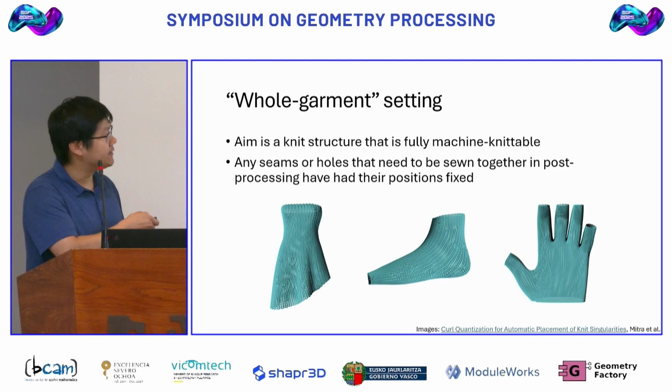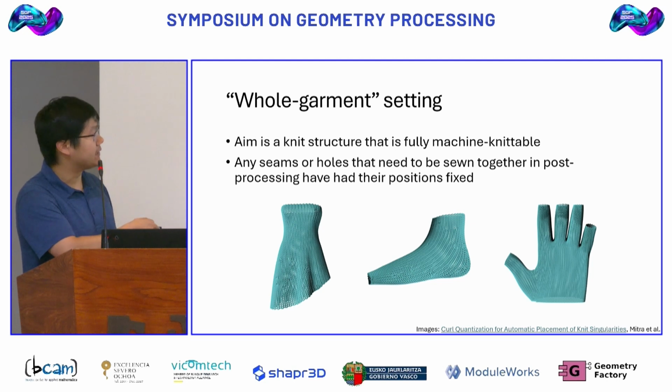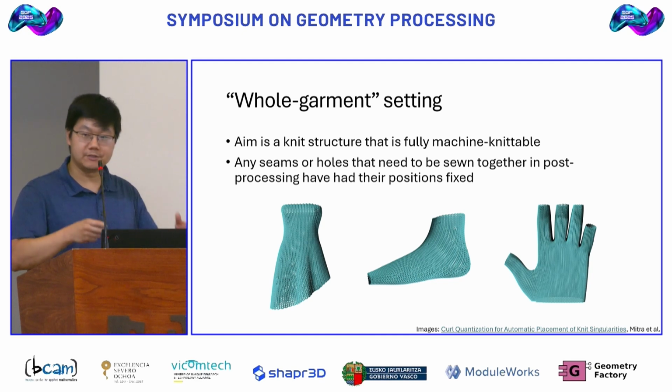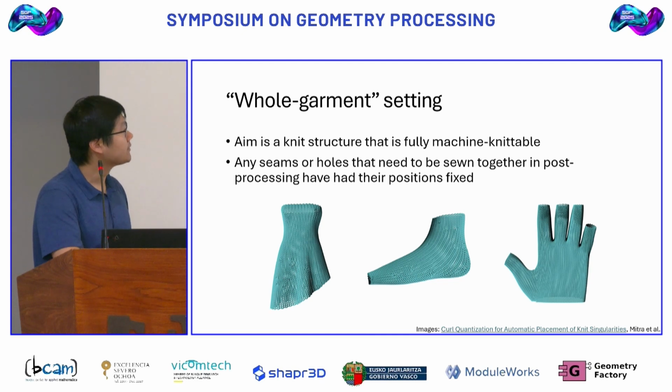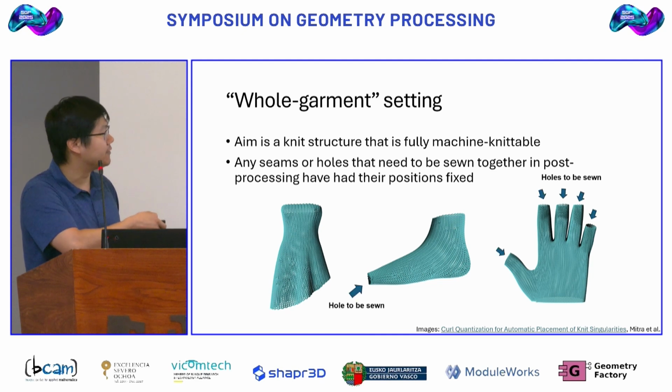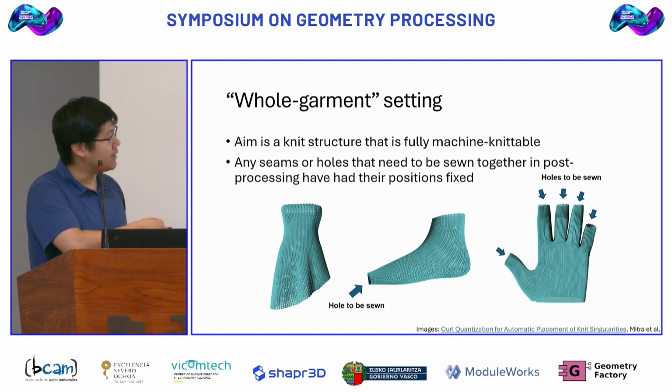Then the aim is to figure out the specific knit structure for the rest of the design, the layout, and you want it to be fully machine knittable. Here's an example of the simple dress model where there's no post-processing, and here's two models where we've already specified that there will be holes to be closed after you come up with the particular whole garment plan for these parts.